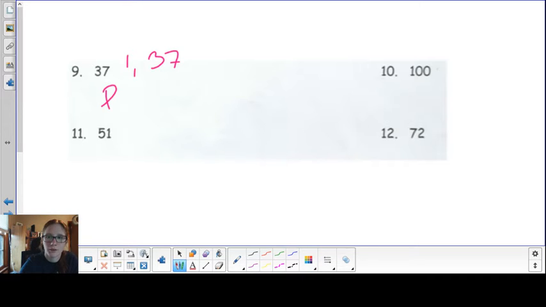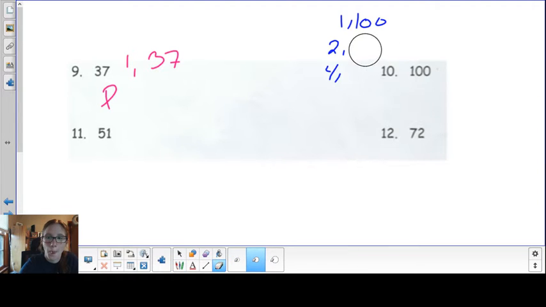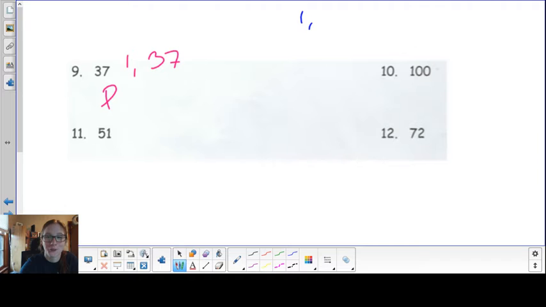100. Whew. Lots of this one. 1 and 100. Okay. Thanks, computer. Let's try this again. 1 and 100. 2 and 50. 4 and 25.